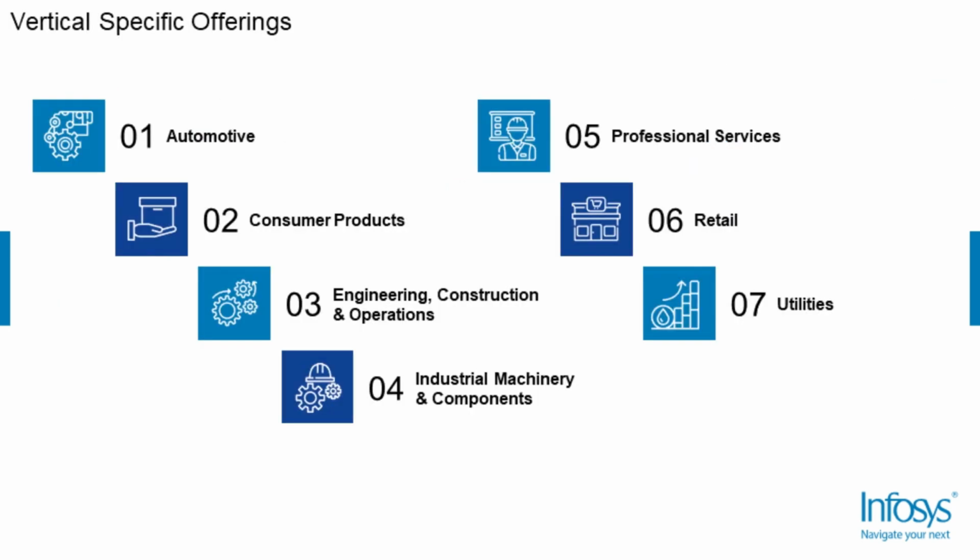As of now, SAP has announced the industry cloud for a certain set of industries, as you can see. They are the automotive, consumer products, engineering, construction and operations, industrial machinery and components, professional services, retail, and utilities.